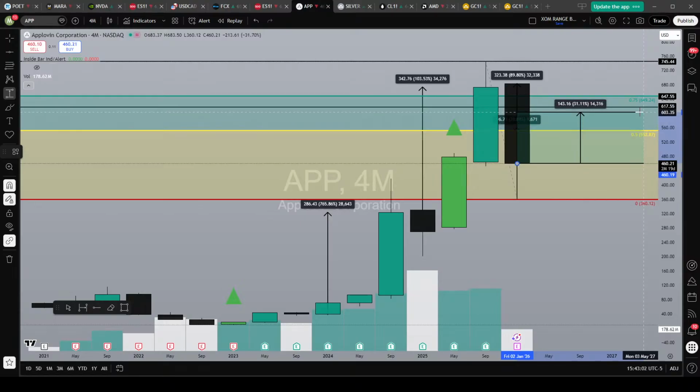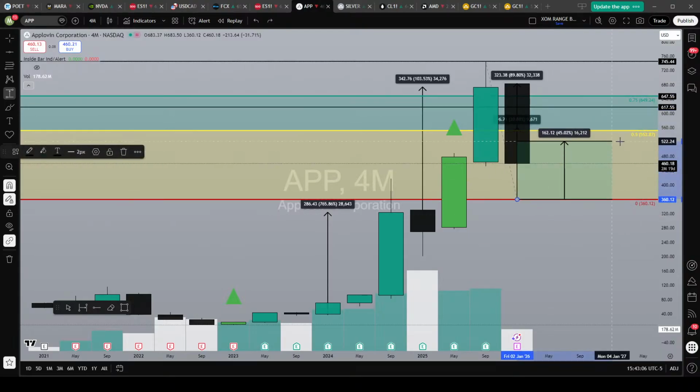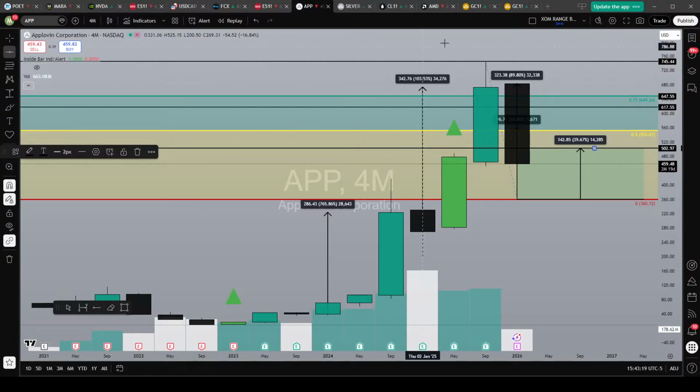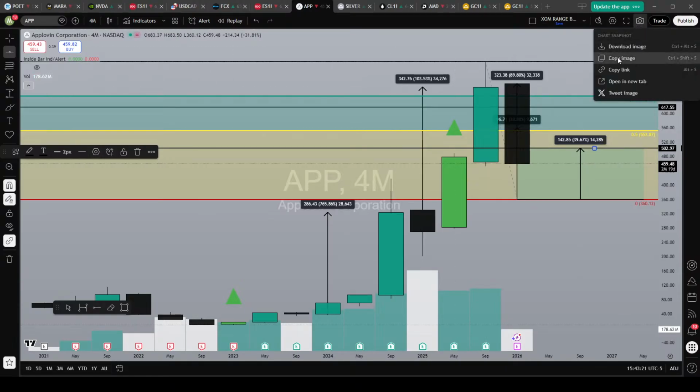That's probably going to be around this 603, 617 range off lows. 143-ish points is back to 5, close to here. That's half the range.